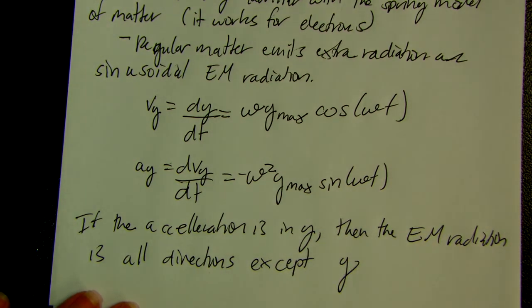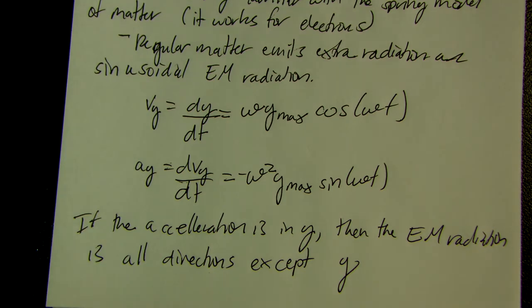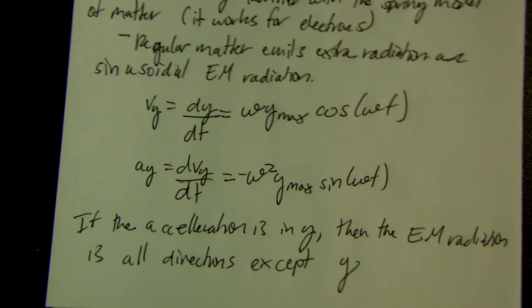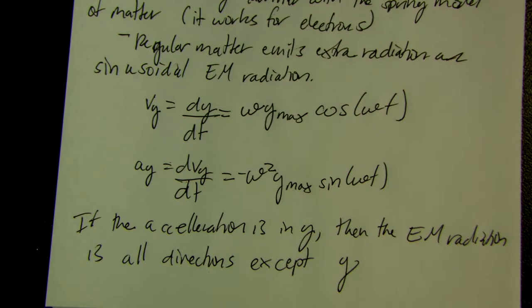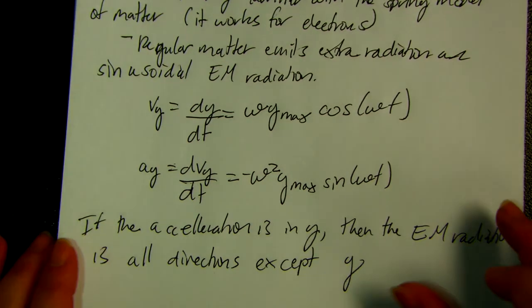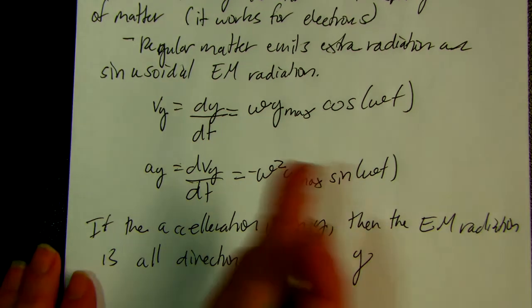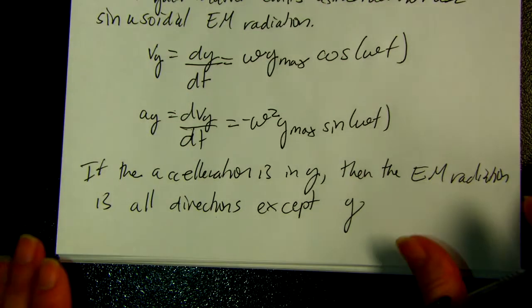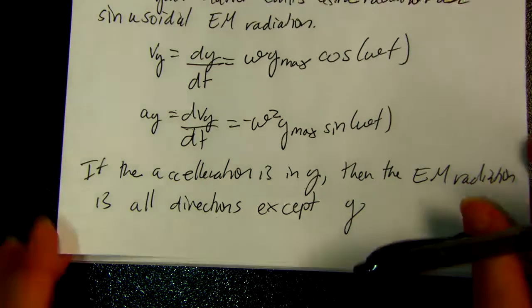So then the radiation would be in x and z. And we've already seen that when we've looked at those E fields and B fields, in terms of how they are perpendicular to each other with velocity perpendicular to that. So whatever the direction of motion is in, that is not the direction where the field is. Okay.